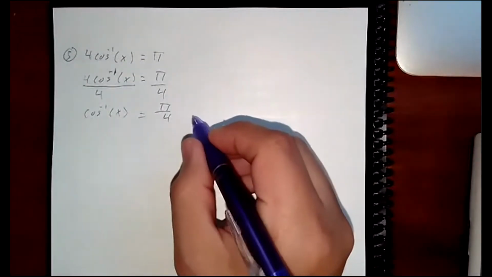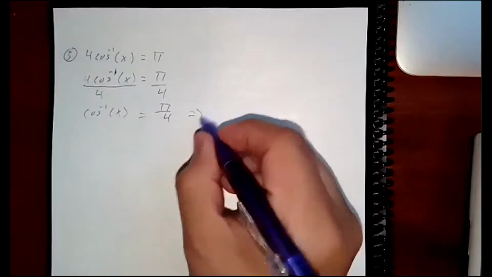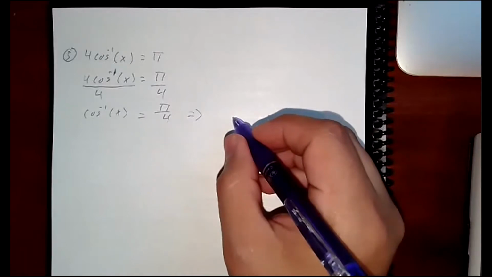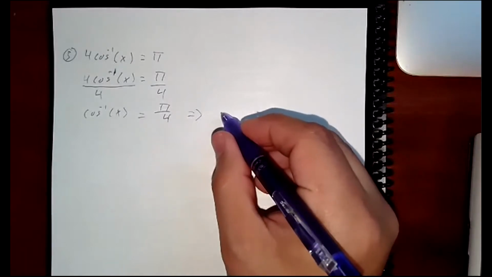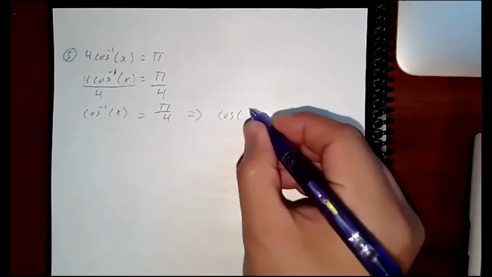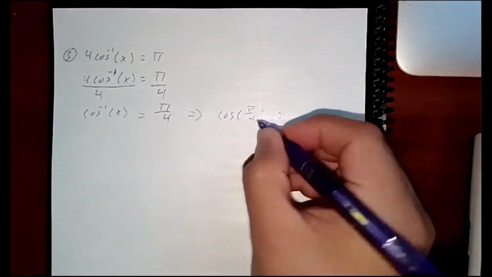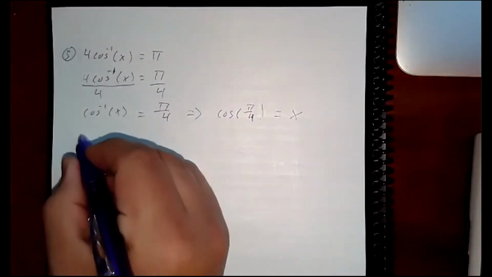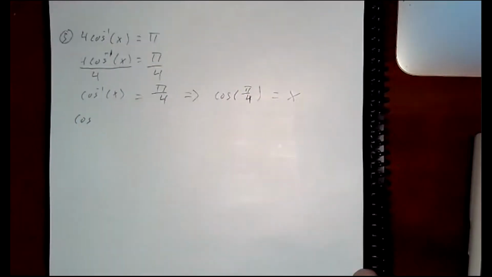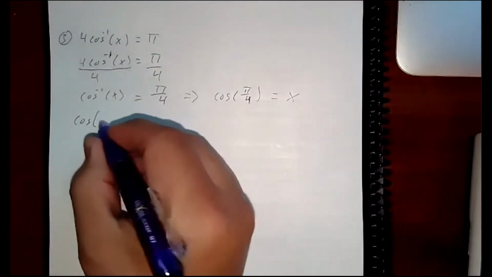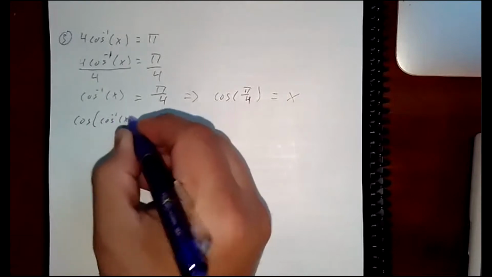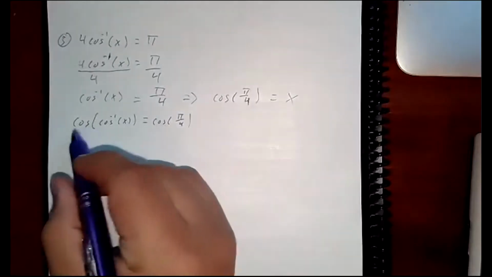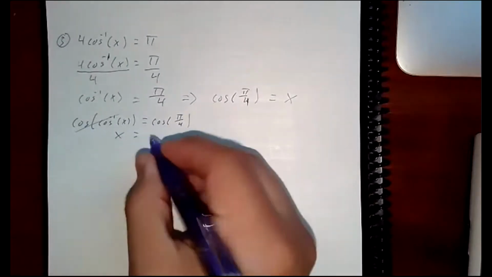Which technically could be rewritten as cosine of pi over 4 is equal to some x. They want to know what x that is. But if you use the inverse idea, you do cosine of both sides instead of the definition. And then these will cancel, right? Leaving you with x is equal to cosine of pi over 4.